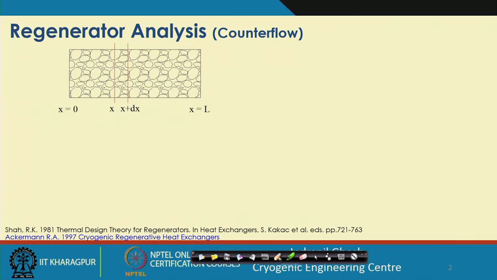Now, in case of a fixed bed regenerator, you may remember that we have solved this kind of problem, where in one cycle the hot stream is flowing, and in the other cycle the cold stream is flowing from the opposite direction. So, that is how it forms a counterflow regenerator.